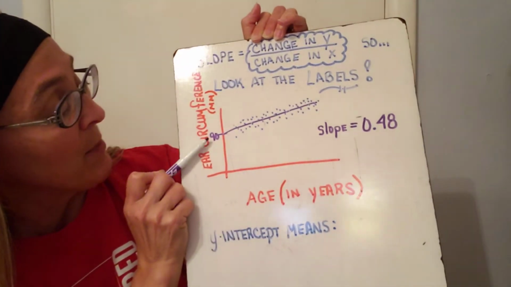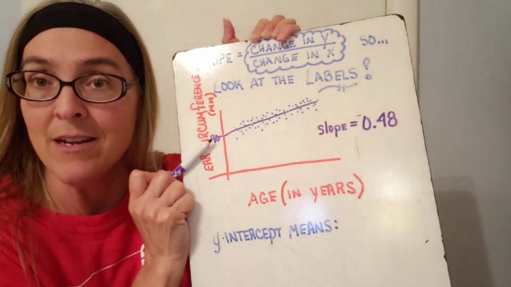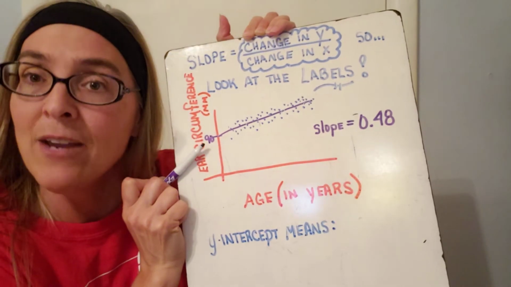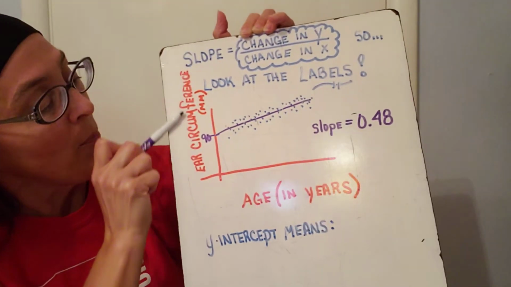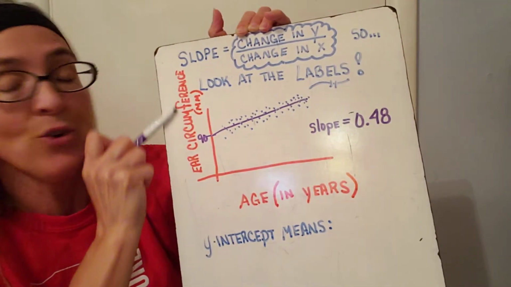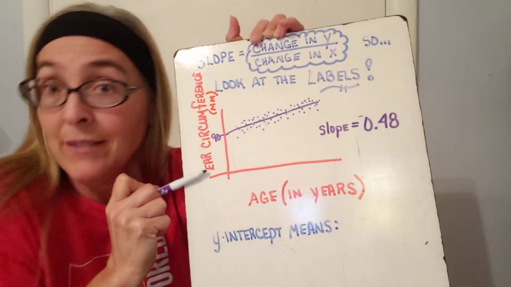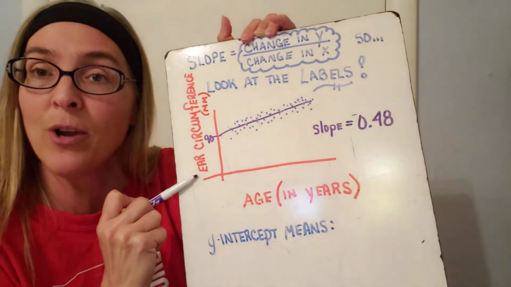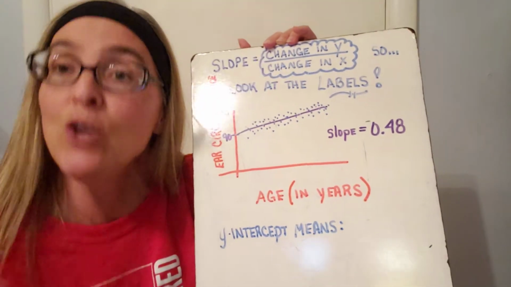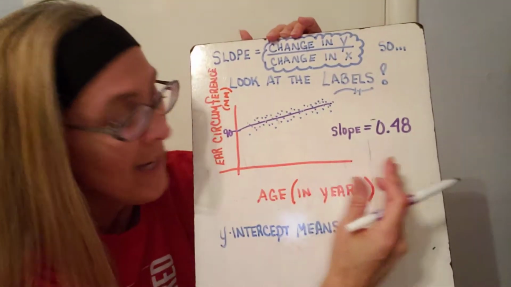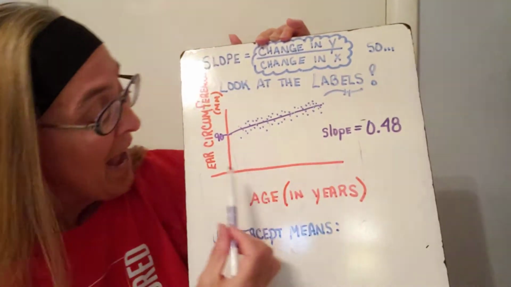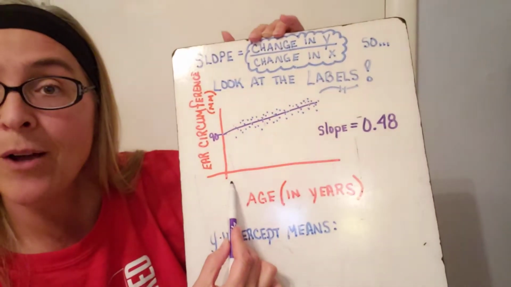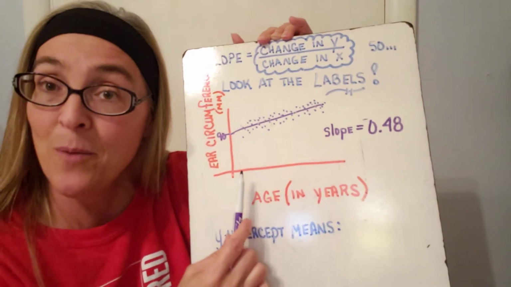So what I would immediately do if I was given this problem and asked for the y-intercept meaning, I would look at this intercept and I would say it's 90. And what does that 90 represent? Well, it represents the ear circumference because that's the y-intercept. So it's 90 millimeters is the ear circumference. But when is that? You need a second identifying mark, and that is when the age is 0. So your x is always going to be at 0.